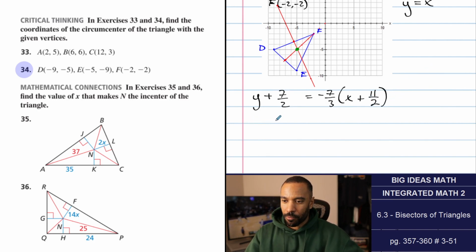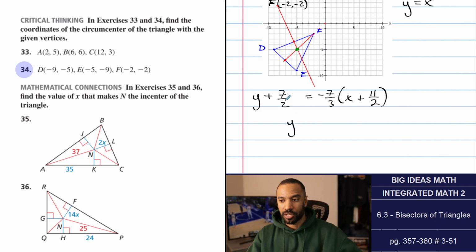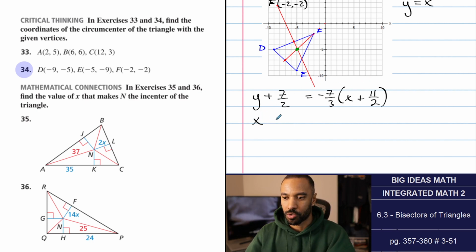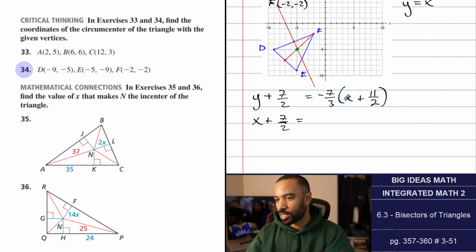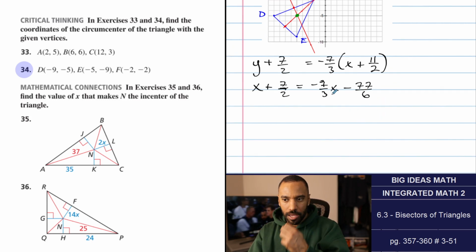All right, let's work that one out. Well, listen, y equals x. Could I just substitute x into here and solve? Yeah. So let's just have x replace it. x plus 7/2 equals, I don't have to go any deeper than that. Distribute the negative 7/3, so negative 7/3 x minus 77/6. There's no way this is an integer.